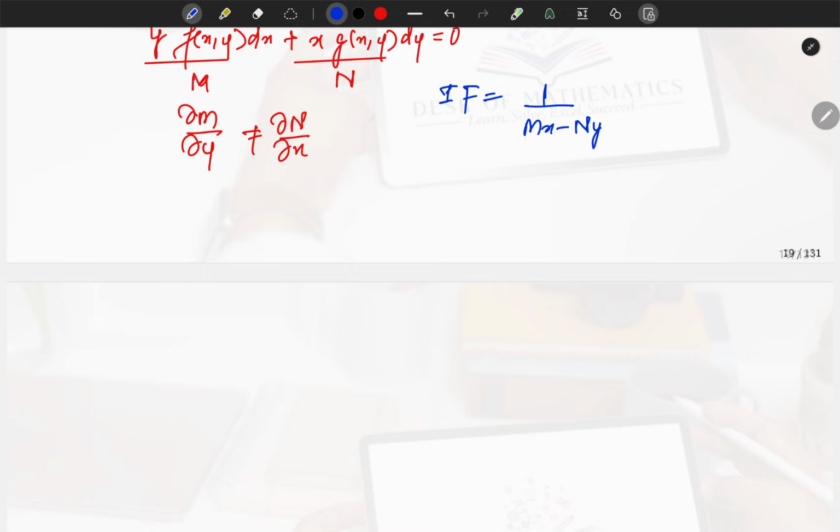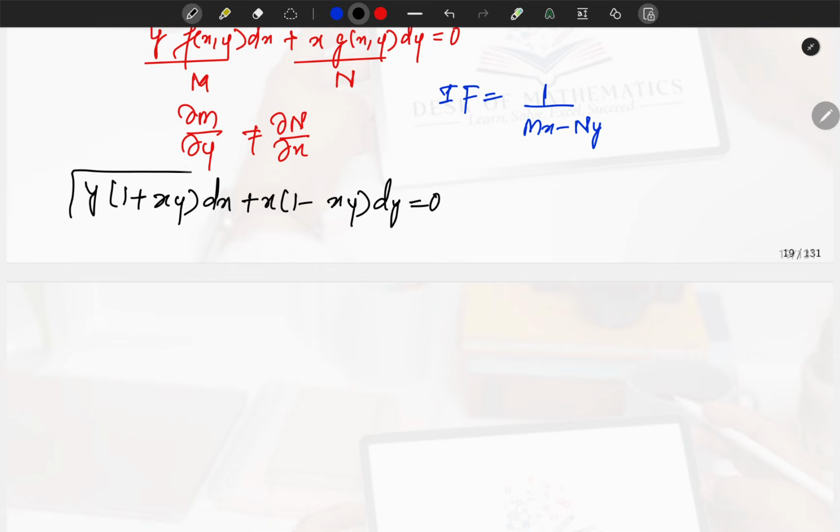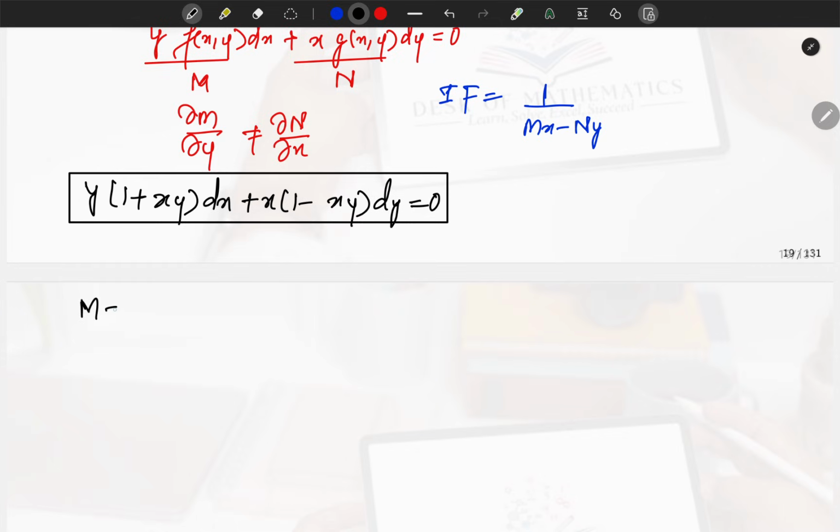So for that I will give you a question here. The question is y(1 + xy) dx + x(1 − xy) dy = 0. Try to solve this question. This part is your M, so your M is y(1 + xy), and your N is x(1 − xy).